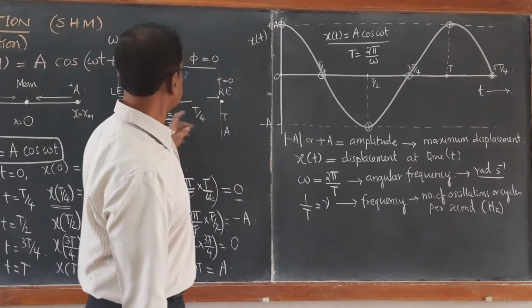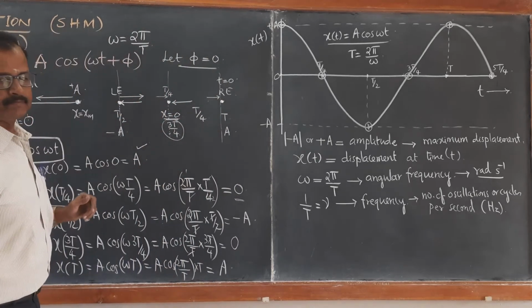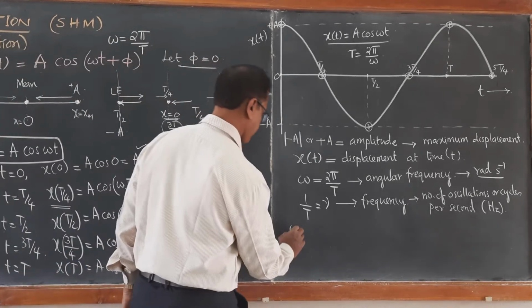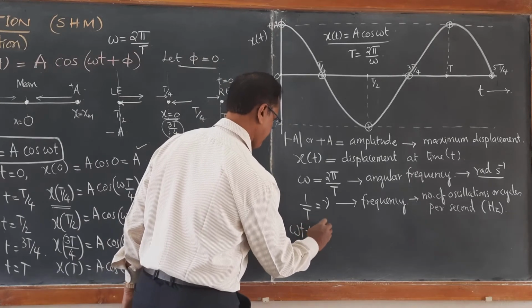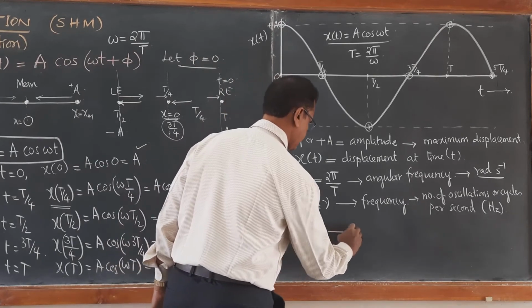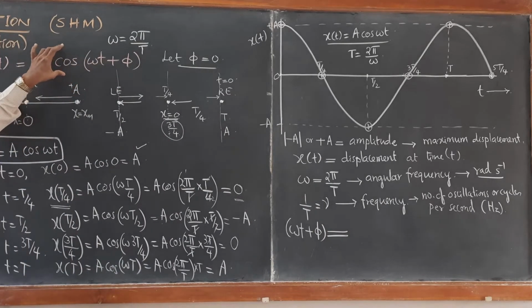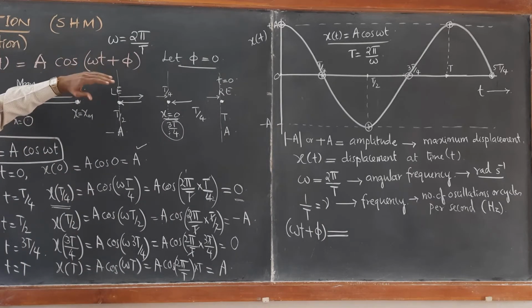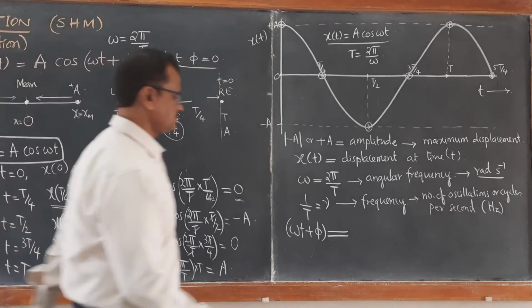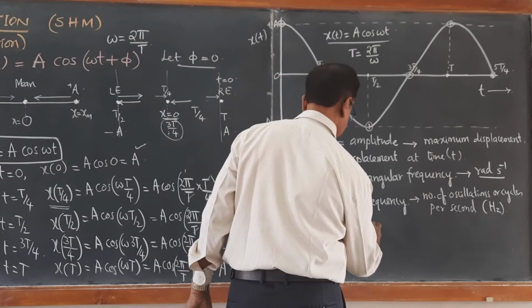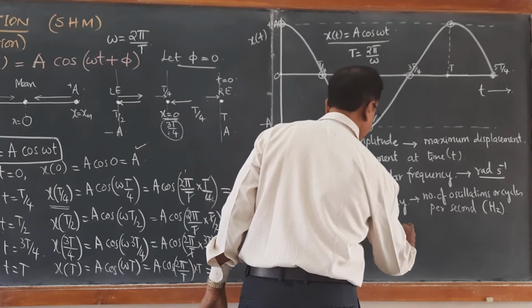The next one is omega t plus phi. Omega t plus phi is called the argument of this cosine function. The argument omega t plus phi represents the phase. What do you mean by phase?